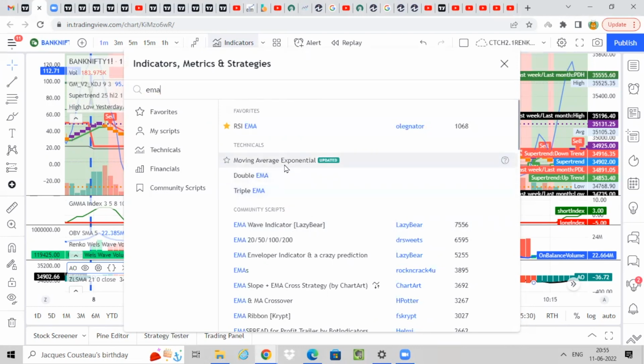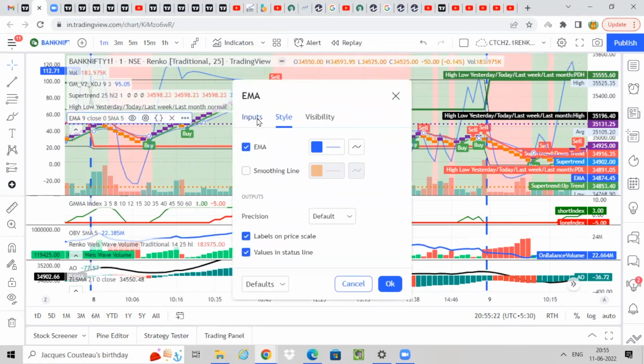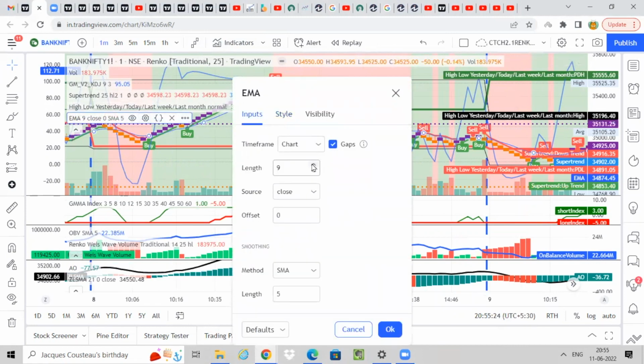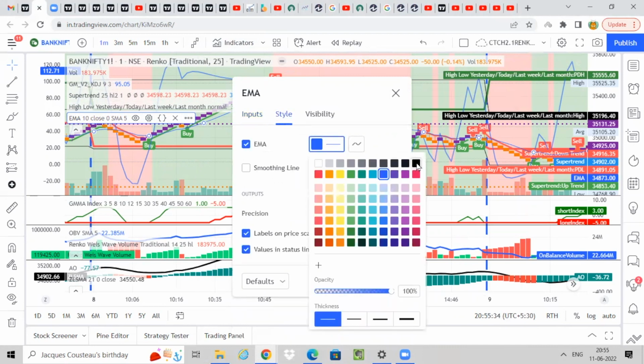Take that. Put 10. Nine is there, just change it to 10. Yes, sir, done. Put a strong color to that, black maybe. No need for smoothing line. Put a thick one. Nilesh, you have to do things quickly.